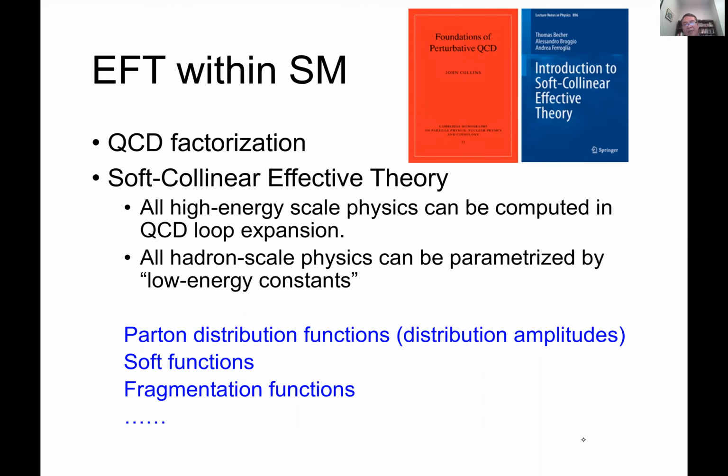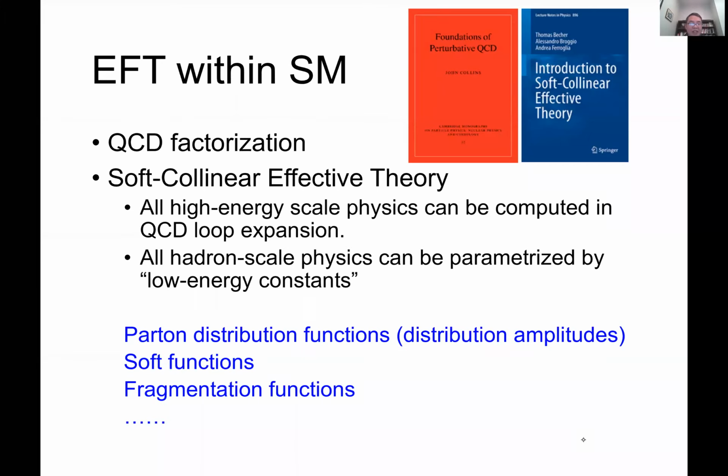The theory is supposed to focus on something that you can calculate. Since you can't calculate it, you call them low energy constants. In fact, low and high is a little bit confusing here, because in chiral perturbation theory, it really parameterizes the high energy physics, and should be called high energy constants. So here I call it low energy constants because it really reflects the unknown low energy physics in the calculation.